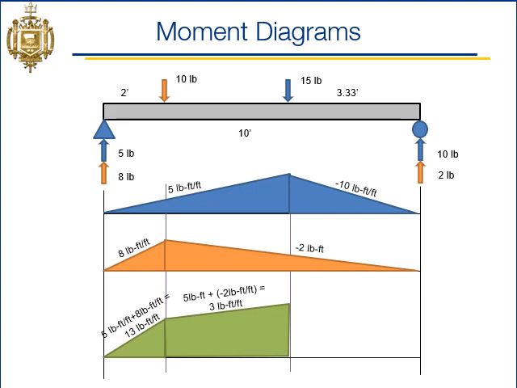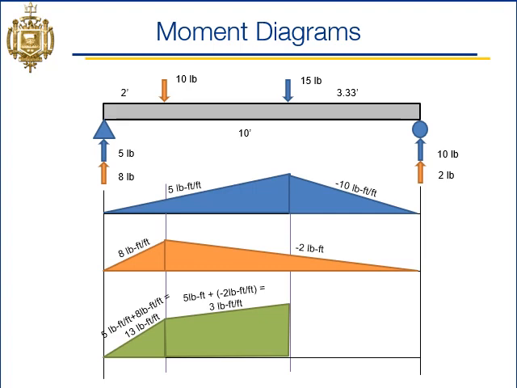That distance is 4.67 feet. So if we multiply 4.67 feet times that 3 pound-feet per foot, we get 14 more pound-feet of moment. And we add that to 26, and that gives us a value of 40 at the second purple line, which is the same value we found on the previous slide.